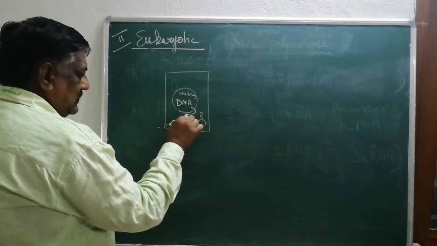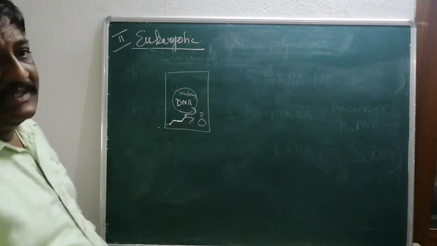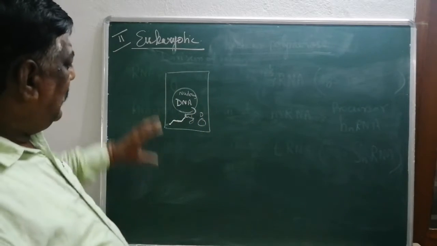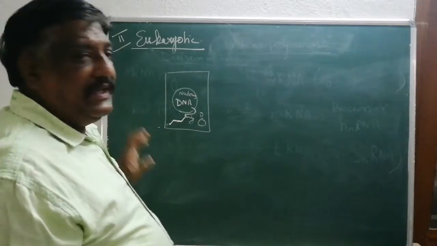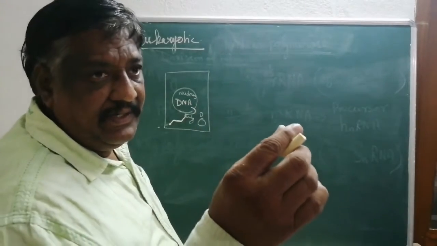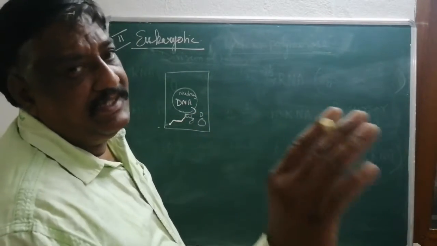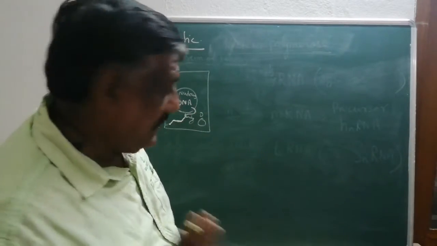And this is the process which we are seeing as transcription. And as it is a higher animal, it is actually a DNA only, replacing the thymine. Wherever thymine is there, uracil is replaced and it becomes mRNA, right?